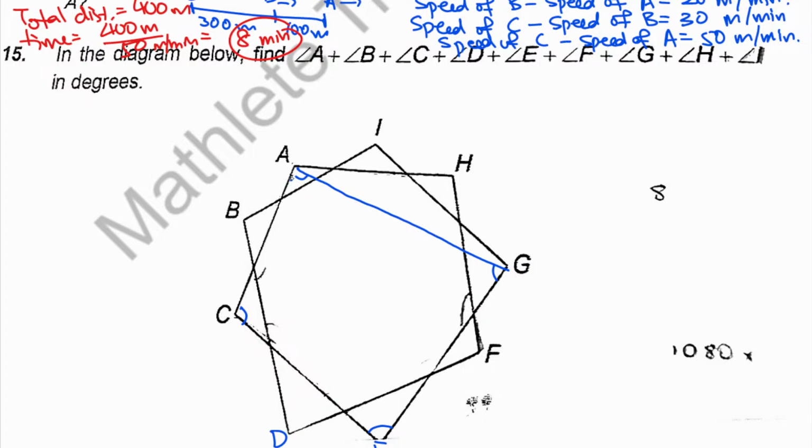Okay, so that will be 360 plus, then I count, let's say, the remaining angles B, D, F, H. Then I have this angle, this angle, this angle, and this angle. Okay, so that's another 360.